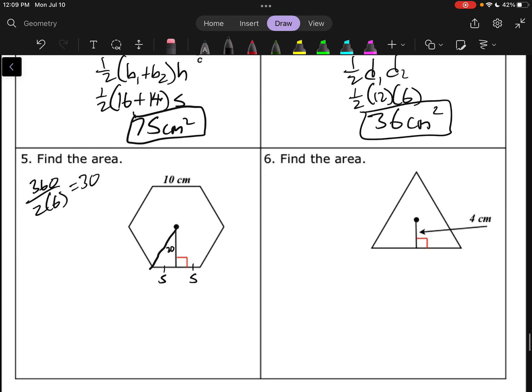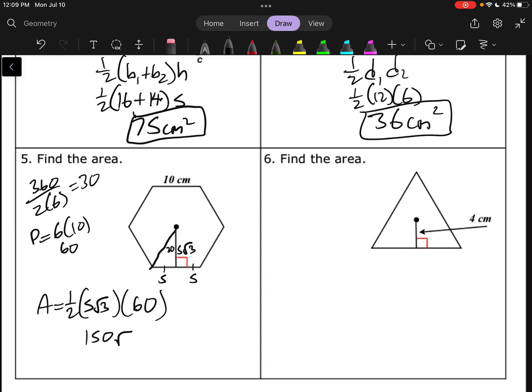That does mean that the apothem does end up being 5√3 because that's the long leg. Your perimeter should have been 6 times 10, which was 60. So that should have been 150√3 centimeters squared.